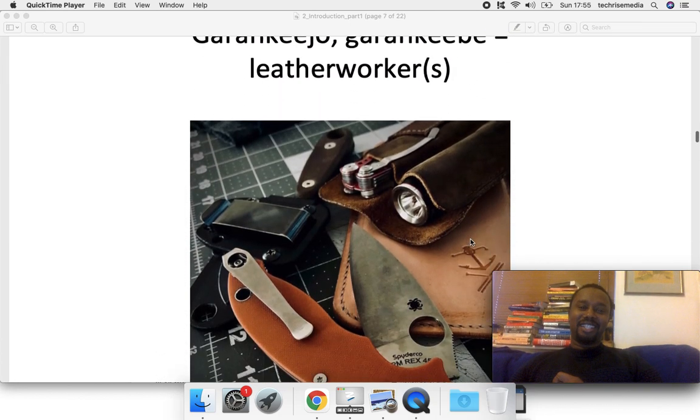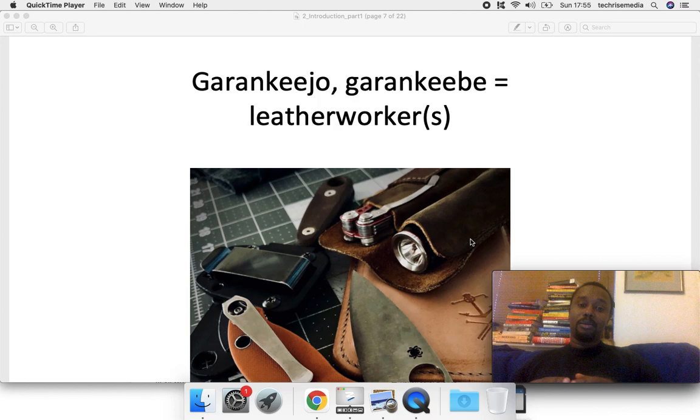Okay, let's move on. So now this one, I also struggle to pronounce it properly. So it's Karang Kejo, right? Or Karang Kebe, right? So these are level workers, or level worker, right?